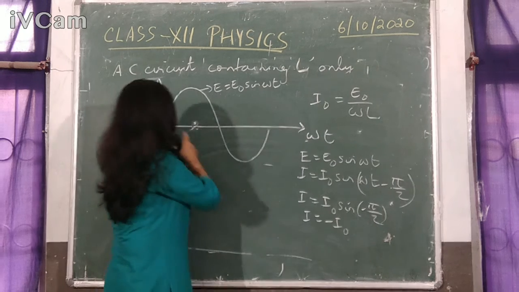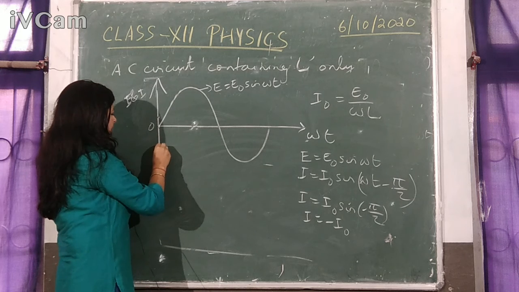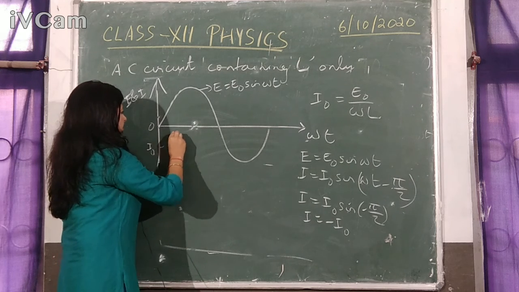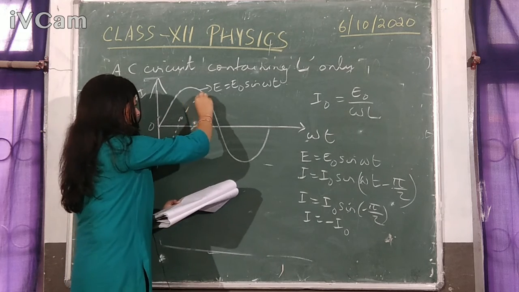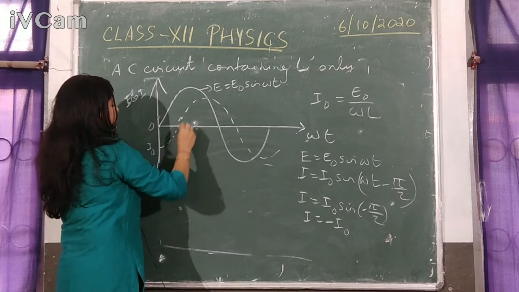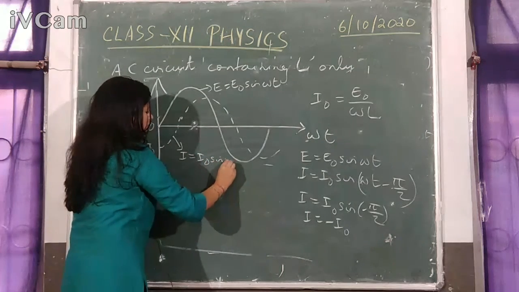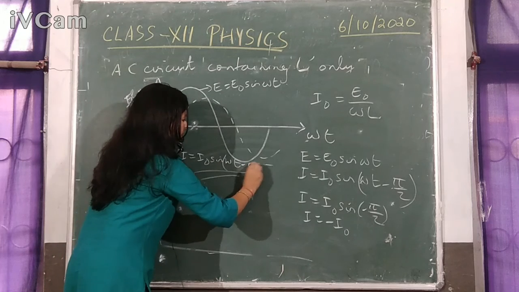So by the time the voltage is at 0, the current is only at its negative maximum. So if it is I naught, it has just started its journey here. Okay, so it comes like this. Okay, so then you can continue. Right, so this is the curve for I is equal to I naught sine omega t minus pi by 2.